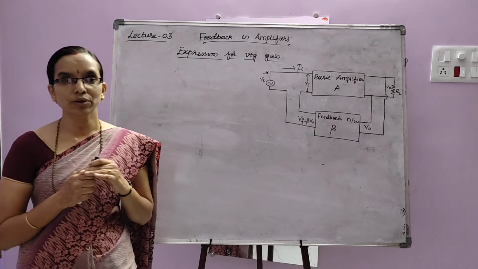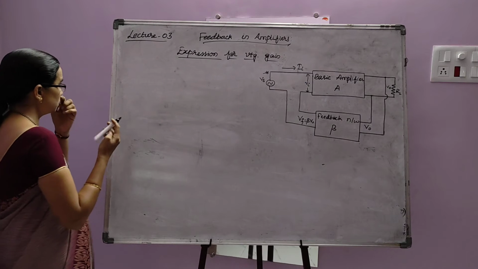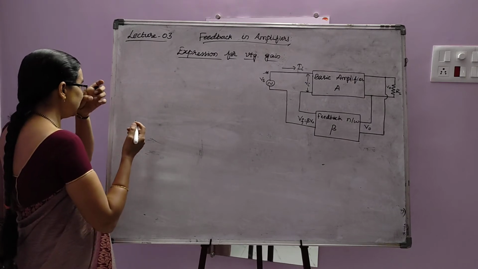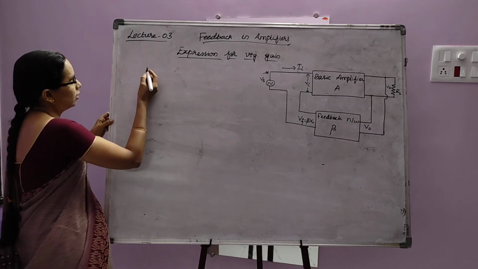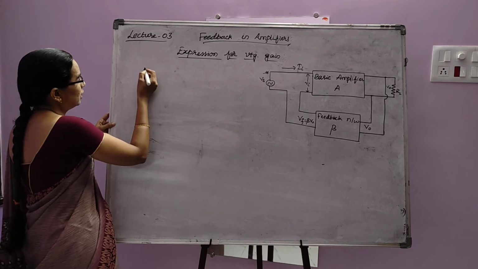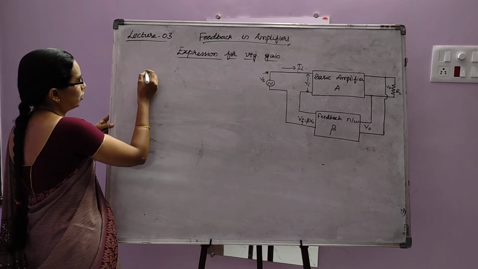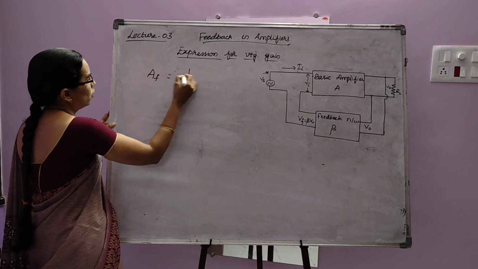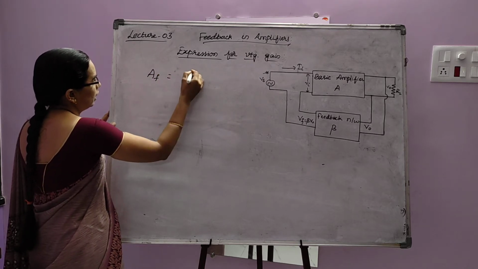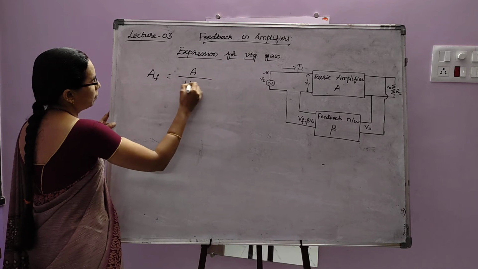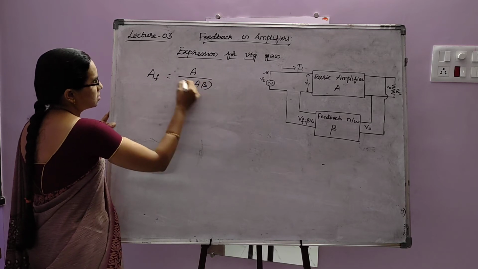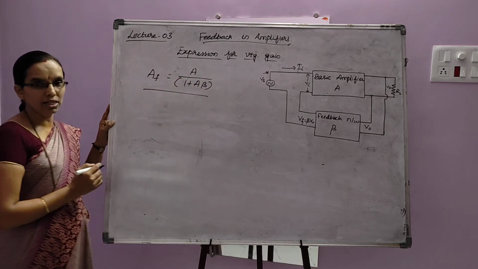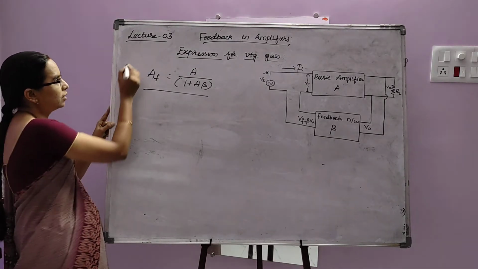So how is that going to happen? Suppose there is a change in the gain of the basic amplifier; that will be done by differentiating. We have the equation AF is equal to A by 1 plus A beta. This is our final expression for voltage gain with feedback.